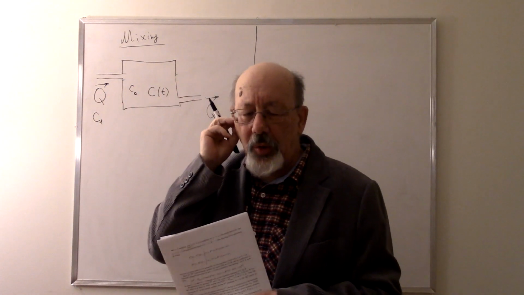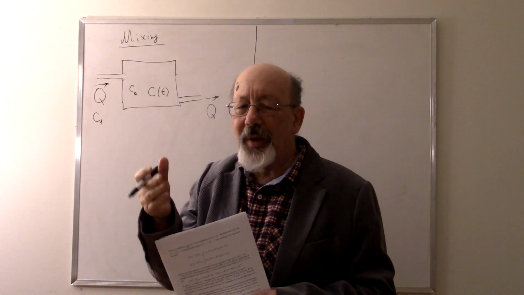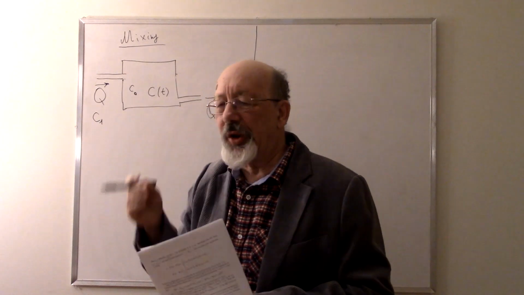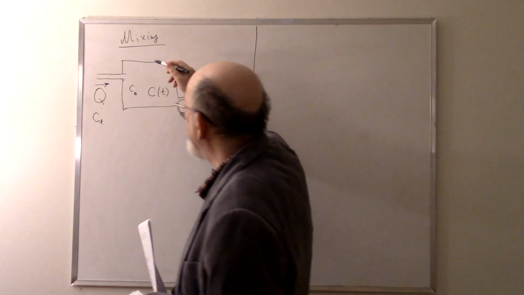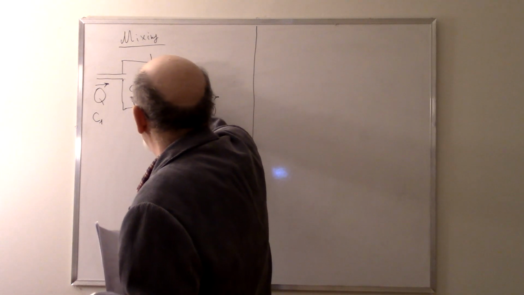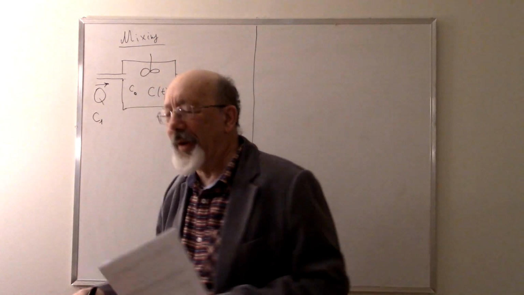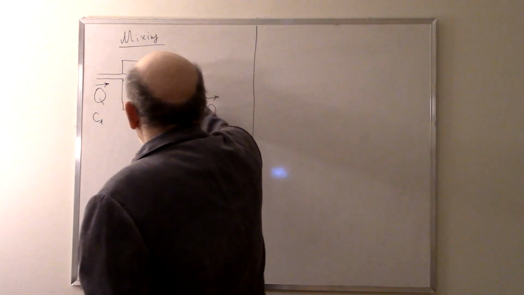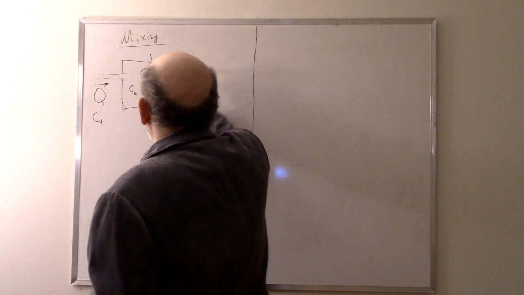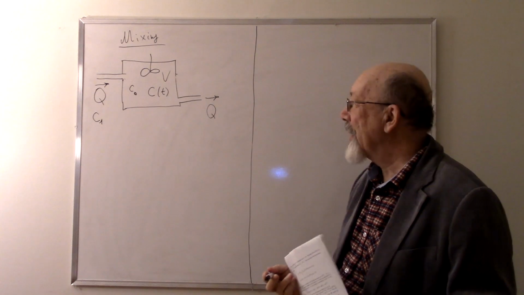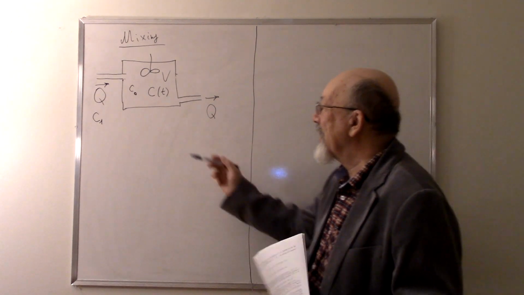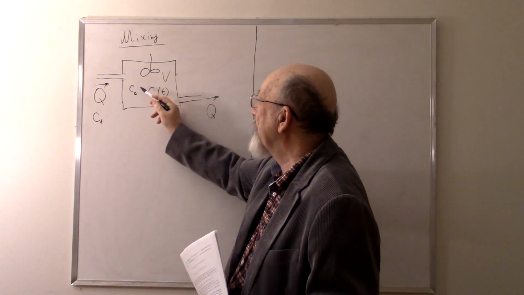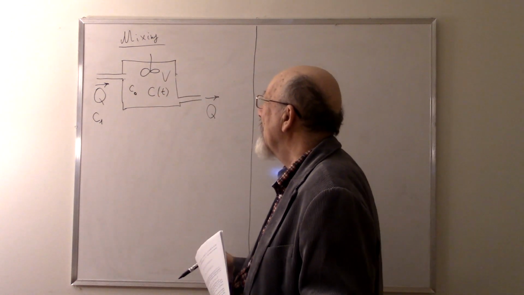Now we have to keep this solution homogeneous, yes? So we have to add here some device for stirring this, some stirrer. And all this tank has a volume V. And from the beginning this tank is filled by solution with concentration C0.